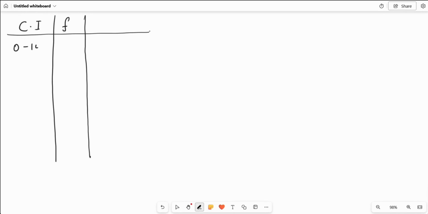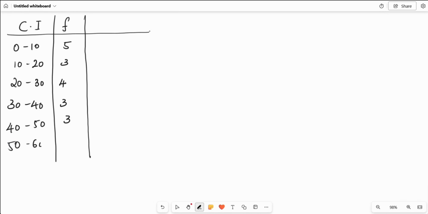0 to 10, it is 5. 10 to 20, 3. 20 to 30, 4. 30 to 40, 3. 40 to 50, 3. 50 to 60, 4.